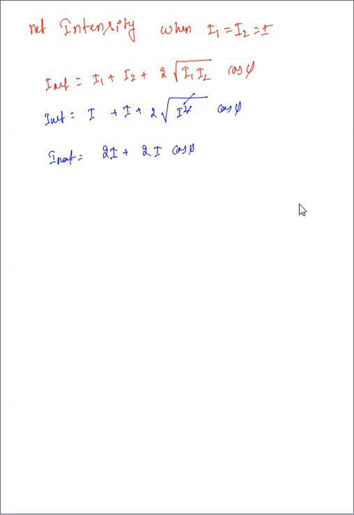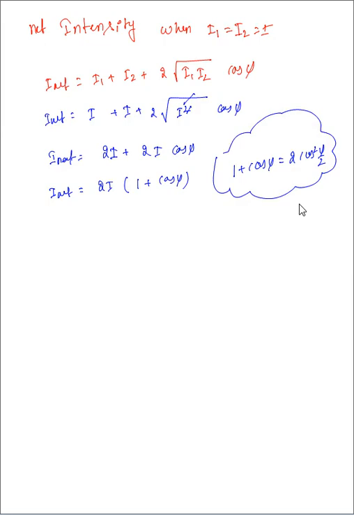If we take 2I outside, we get 1 plus cos phi. Just now we wrote 1 plus cos phi as 2 cos square phi by 2. If you substitute this value, I net equal to 2I into 2 cos square phi by 2.